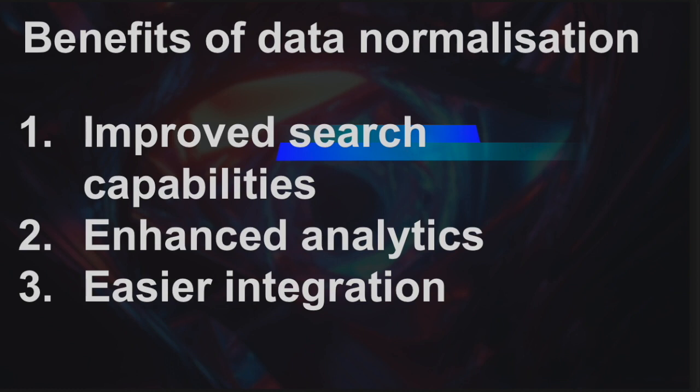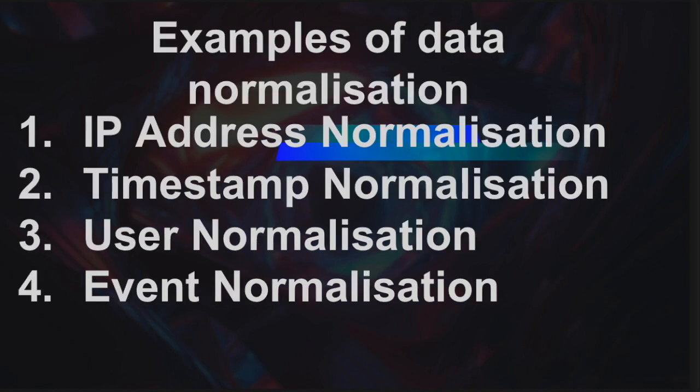Here are some examples of data normalization. IP address normalization. IP addresses can be expressed in various formats, such as dotted decimal notation, that is 192.168.0.1, or hexadecimal notation, that is 0xC0A80001.